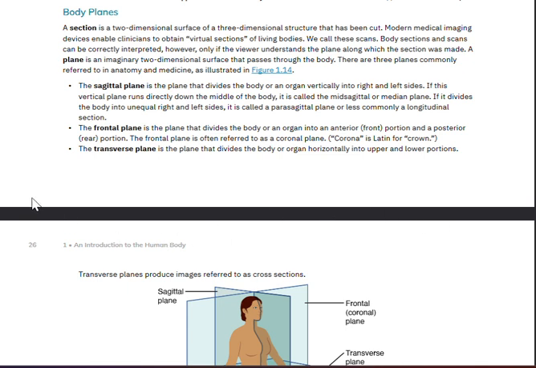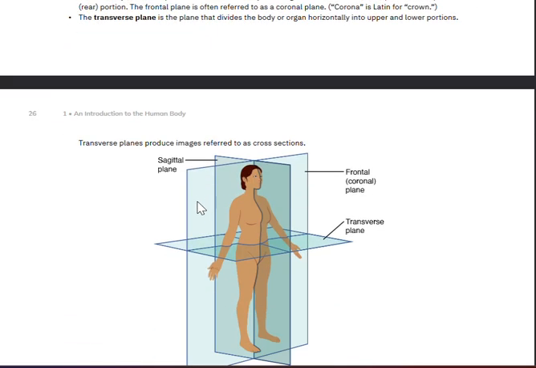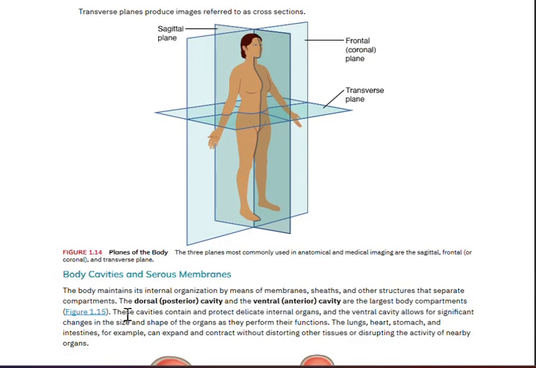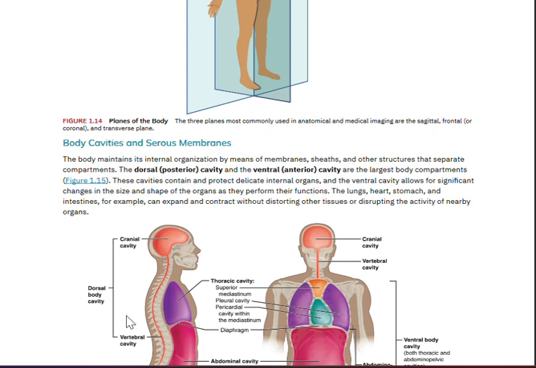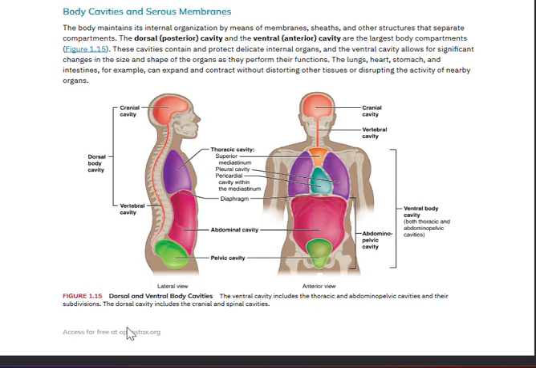If it divides the body into unequal left and right sides, it is called a parasagittal plane, or less commonly a longitudinal section. I won't worry about that too much. Then a frontal plane and the transverse plane. The transverse plane deals with rotation, and the frontal plane deals with abduction. Okay, we can get into that later.